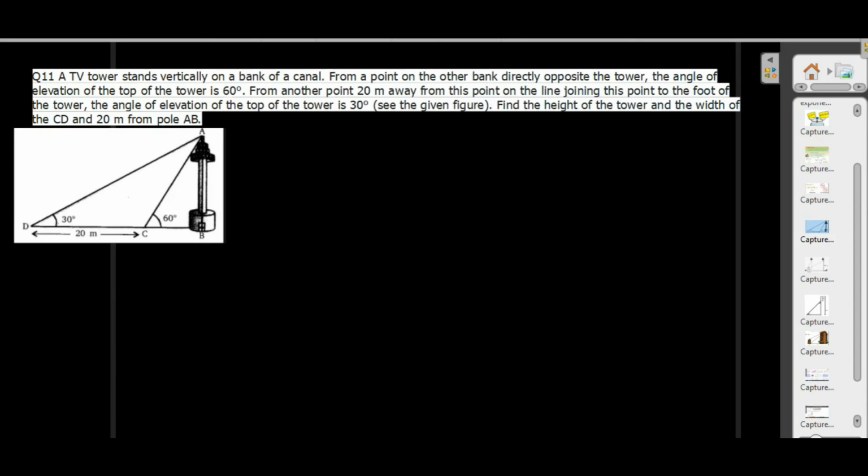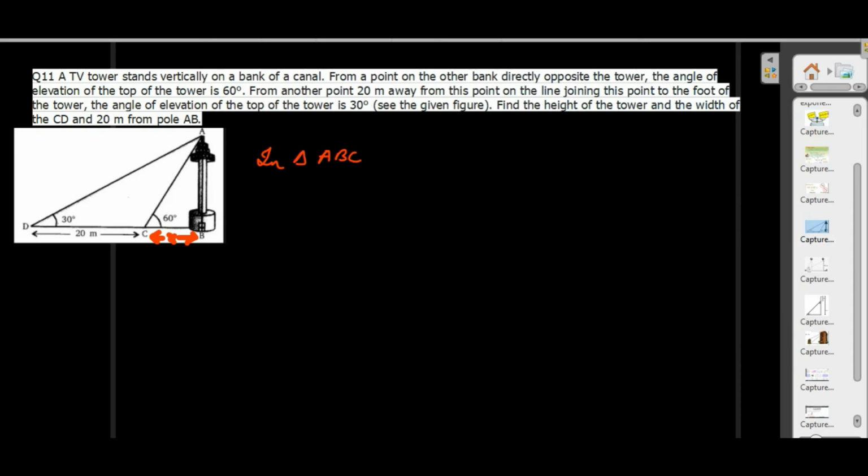So first of all, because this length is given to you and BC is not given to you, let this BC be x. So this is x. Now let's choose triangle ABC.